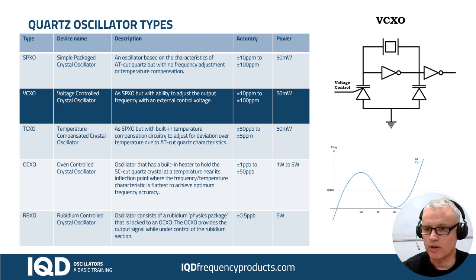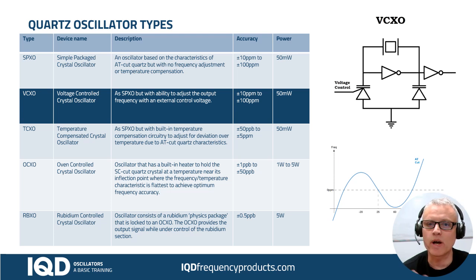We have a third pin to control that, and if we put a DC voltage onto that third pin, we can change the capacitance value of the component while it's live running in the circuit. That gives us the ability to tune the circuit up and down, and we might be able to pull the circuit perhaps 100, 150 parts per million while it's running.